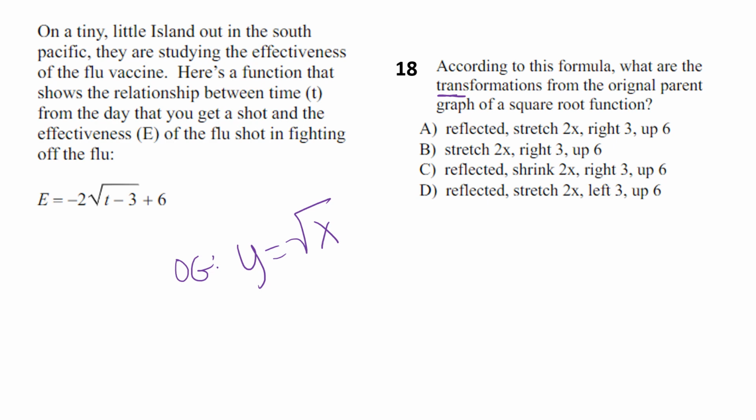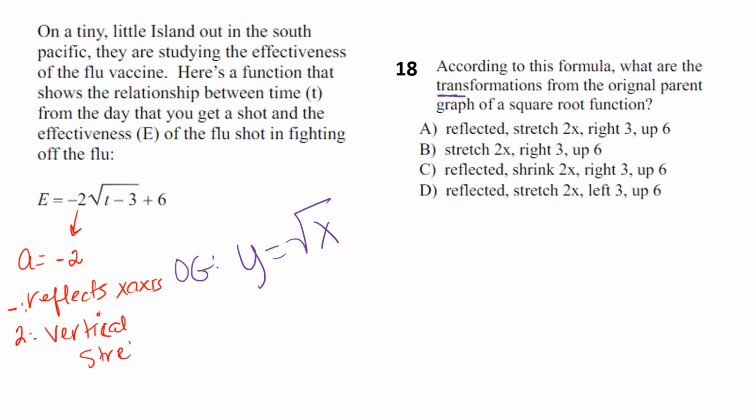The a value in the front is both negative and a 2. The negative means that it reflects over the x-axis, but the 2 tells you that it's going to have a vertical stretch. So it's either going to increase or decrease twice as fast. Vertical stretch of 2. There we go.